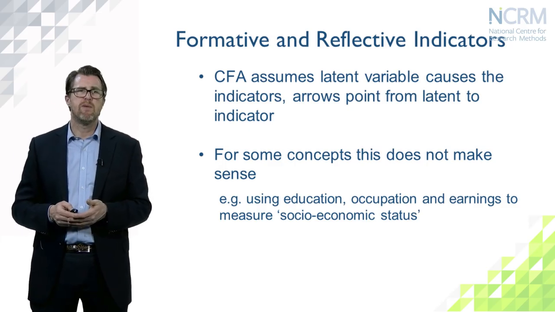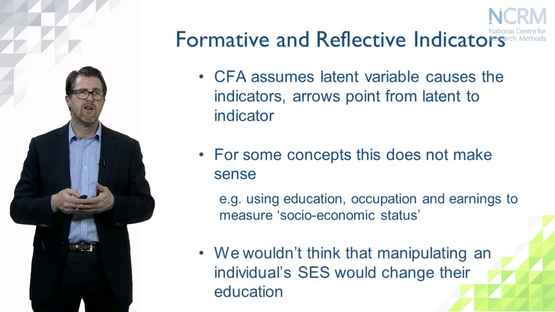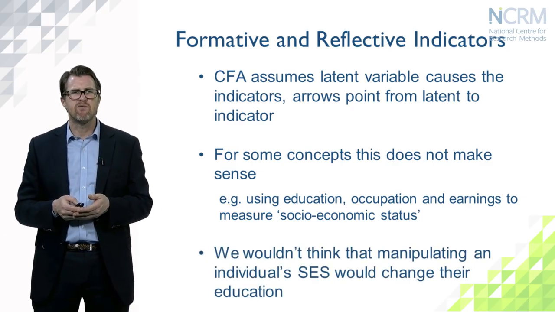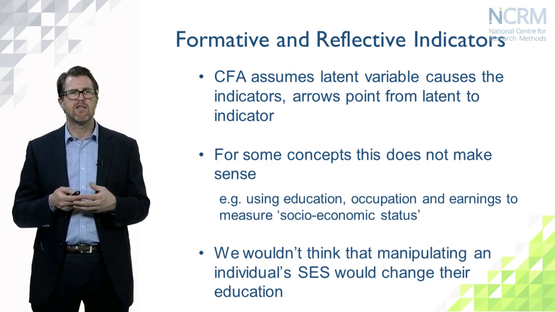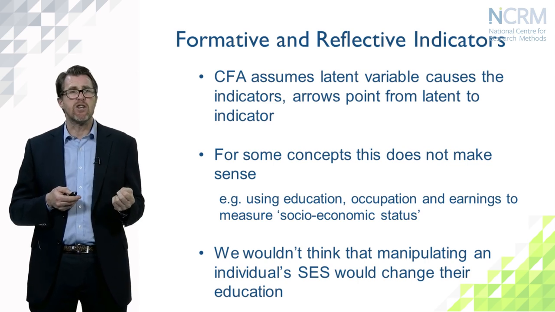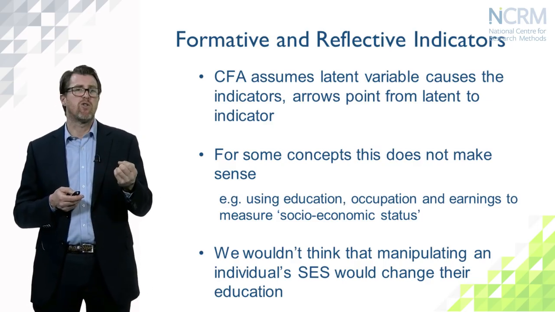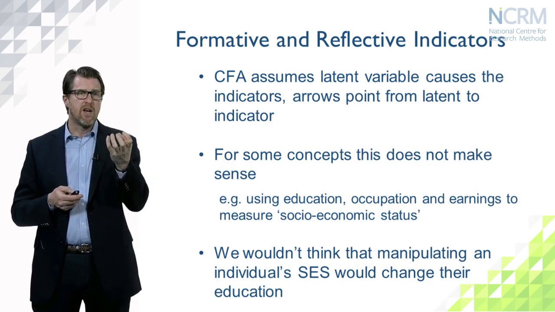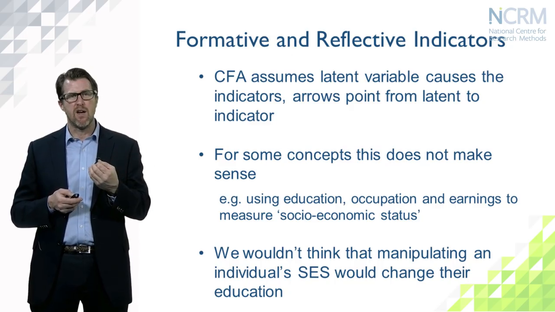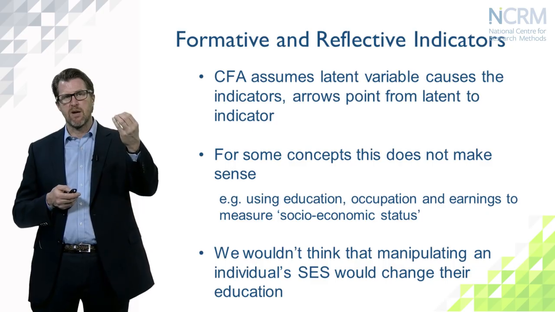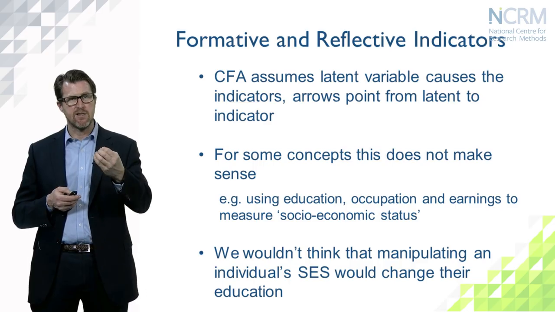Now, what's problematic about this in the reflective indicators context is that it doesn't really make sense to say that I have some underlying socioeconomic status, and that if that were to change, then my educational level would change, or my earnings would change, or my occupation would change, because actually causality is flowing in the other direction if there is any causality going on here at all. So someone's level of education influences their socioeconomic status, as do their earnings.